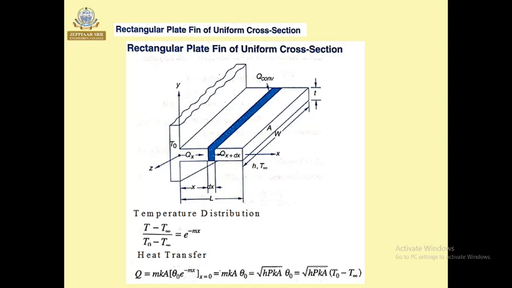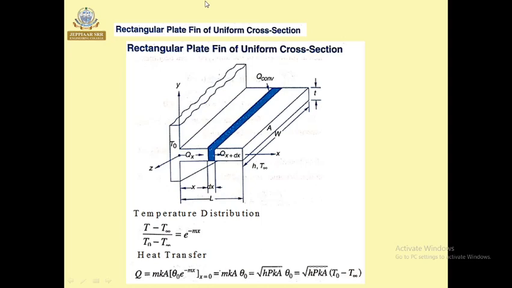Now the question is to calculate the temperature distribution of the fins and also the amount of heat transfer. Now let us see the first type of fin, the rectangular plate fin of uniform cross section.